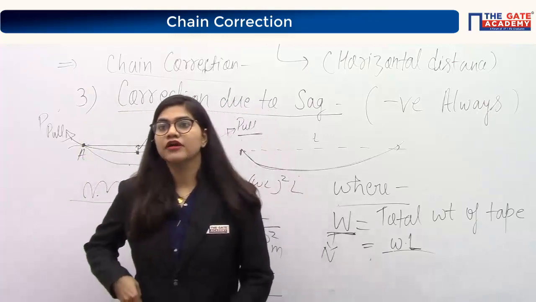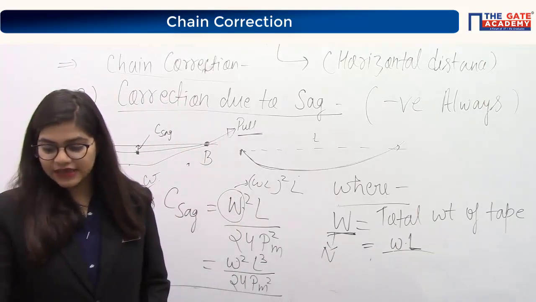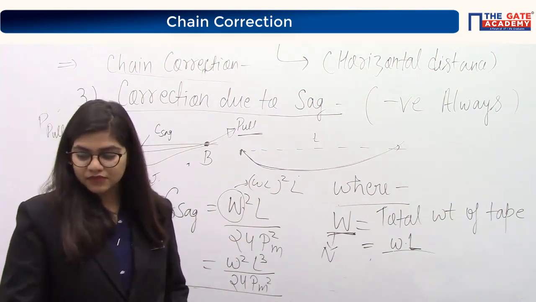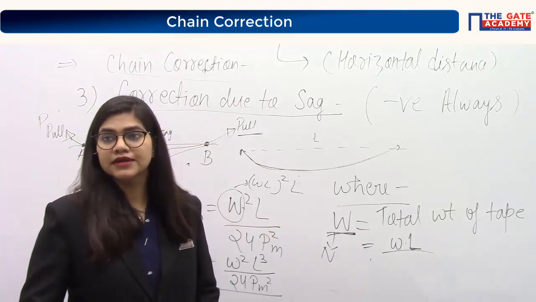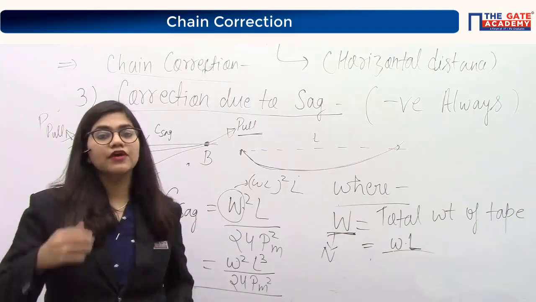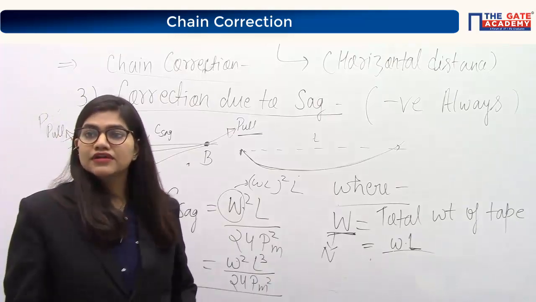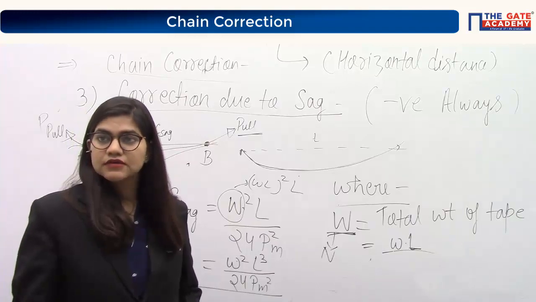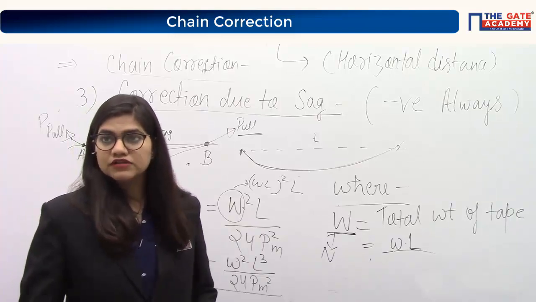This is nothing but your H. The elevation of baseline above MSL is 1000 meter, and the radius of Earth is 6400 kilometer.